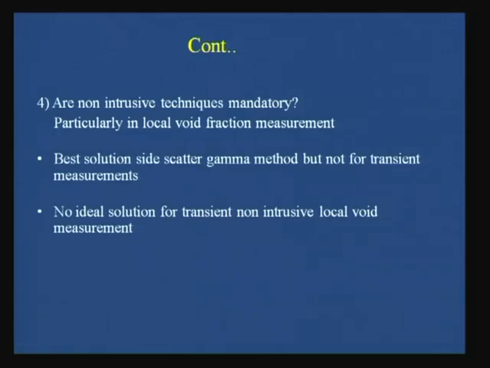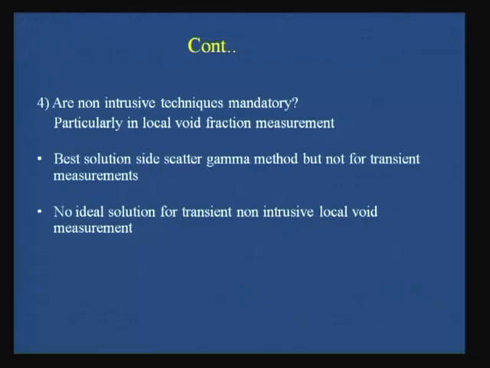Now, suppose the fluids are such that we cannot approach the fluid, or non-intrusive techniques are mandatory. Maybe the fluid is of high quality and will get contaminated if anything is inserted there. It can happen. Particularly for local void fraction measurement, intrusive techniques are almost the only ways by which we can do it.